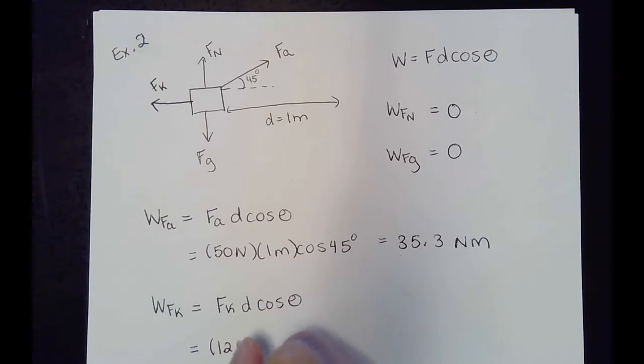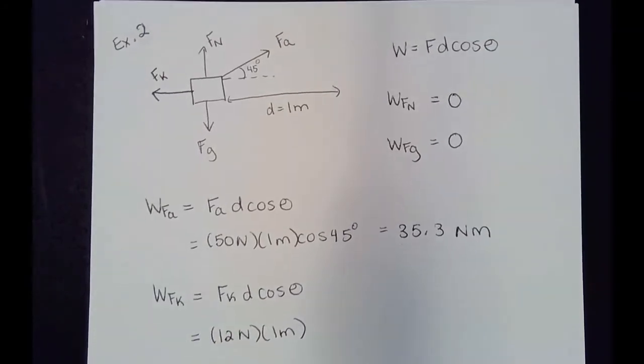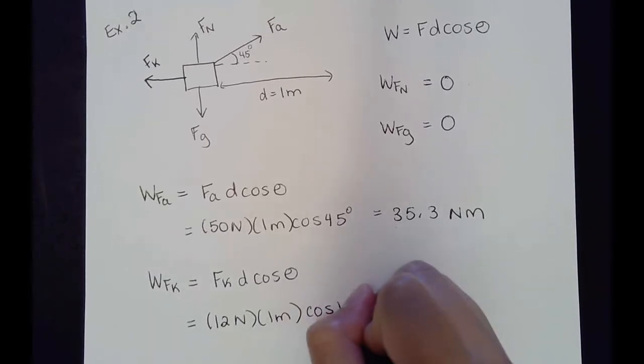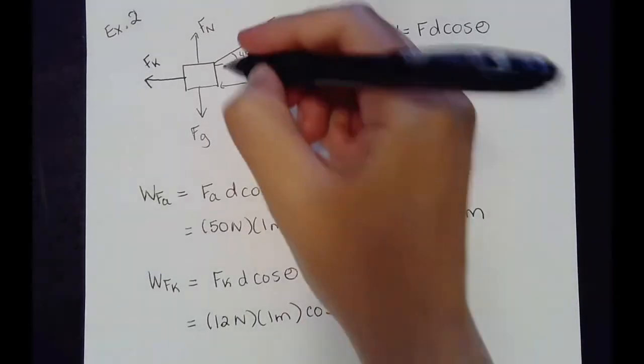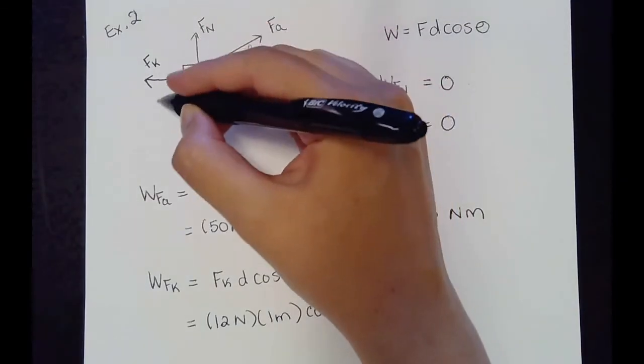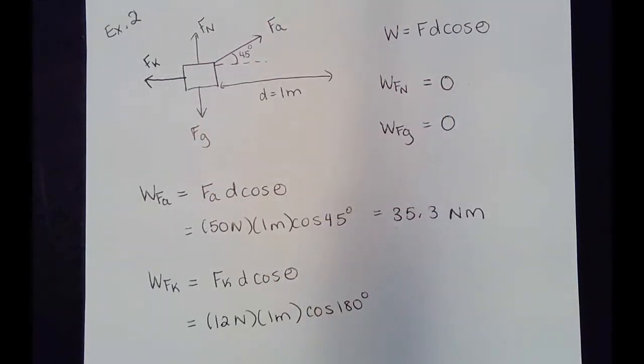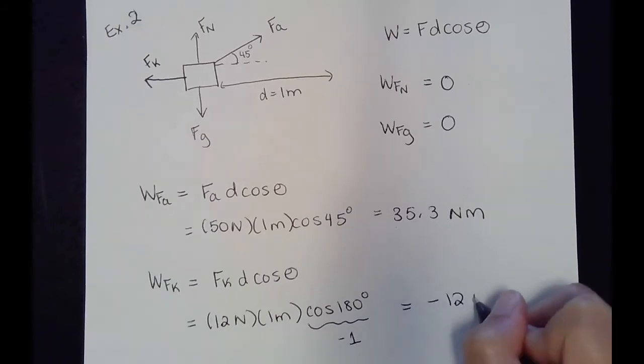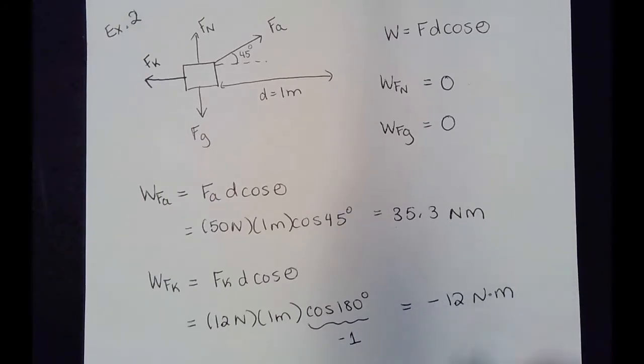We have 12 newtons times 1 meter, and then cos of 180 degrees. So the angle between the displacement and the friction is 180 degrees since they're in exactly the opposite direction. And you can check cos of 180 is -1, so this gives -12 Newton meters.